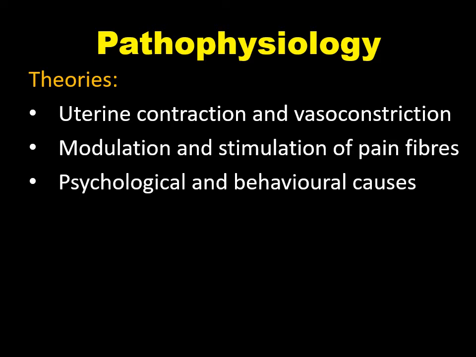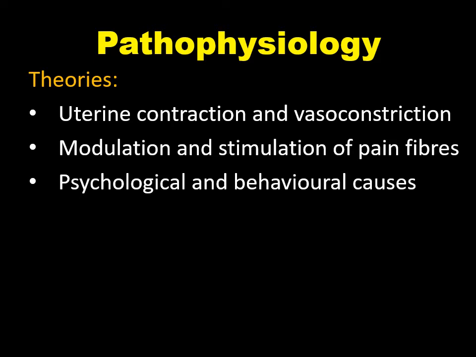Vasoconstriction leads to ischemia, and it is thought that type C neurons are stimulated by the anaerobic metabolites from the ischemic endometrium. It is also suggested that leukotrienes increase the sensitivity of pain fibers.